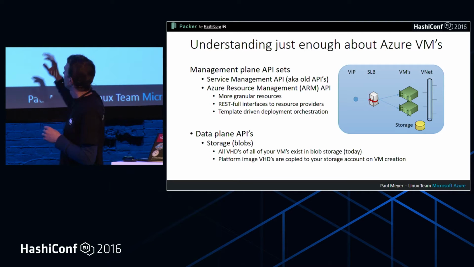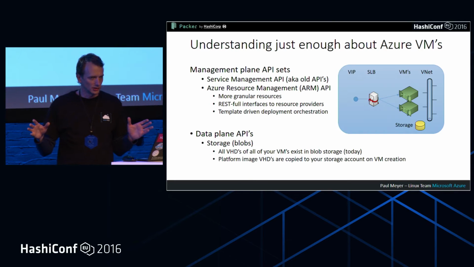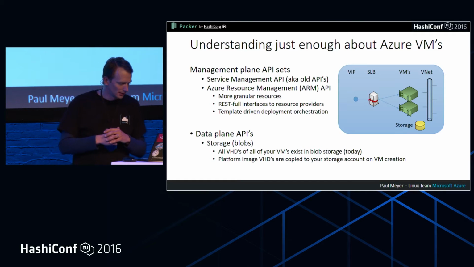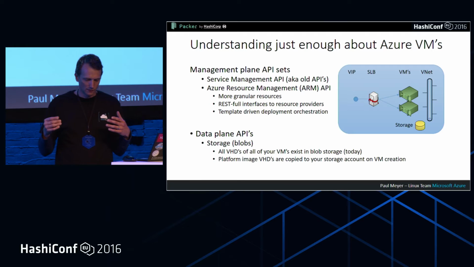The picture on the right shouldn't be taken too literally. It's more of an illustration. But our cloud is very similar to other clouds in that public IPs and VNets and stuff are all very similar. One of the main differentiators is that for our VMs, it's been historically so that all of your disks are always in blob storage.